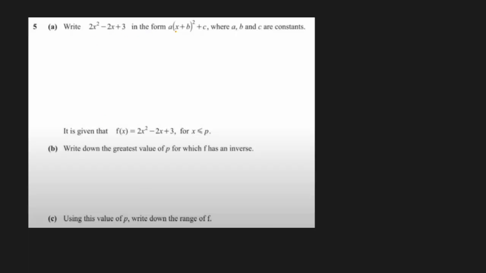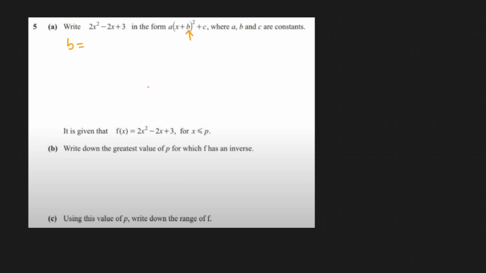Write this in the form a(x minus b) square plus c, which means completing the square, where a, b, c are constants. First of all, let's talk about this b. This b is easy to find because it is equal to minus b over 2a of any quadratic expression.